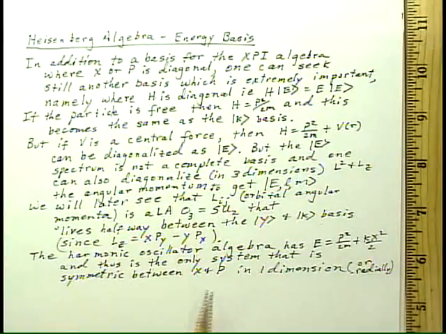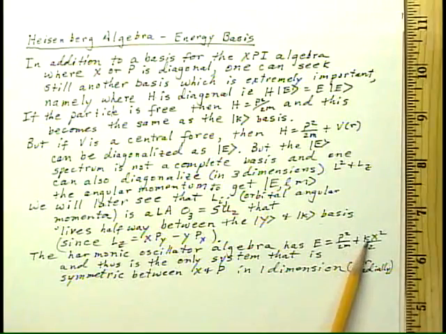One way that we can see this very clearly is by going to a harmonic oscillator algebra, where we have our energy, or a Hamiltonian, I should write here, as p squared over 2m plus k times x squared over 2.